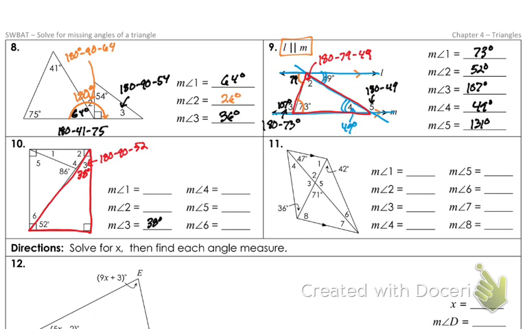We know part of it is taken away by the 52, so we're just going to do 90 minus 52, and that's going to give me my angle 6. So my angle 6 is 90 minus 52, which is going to equal 38 degrees. So 6 is 38 degrees.